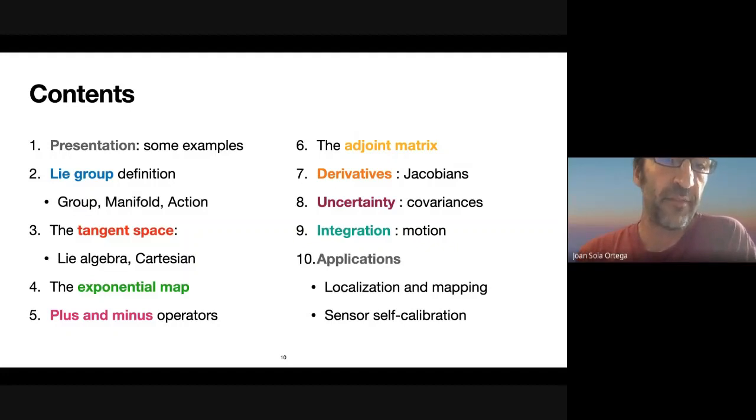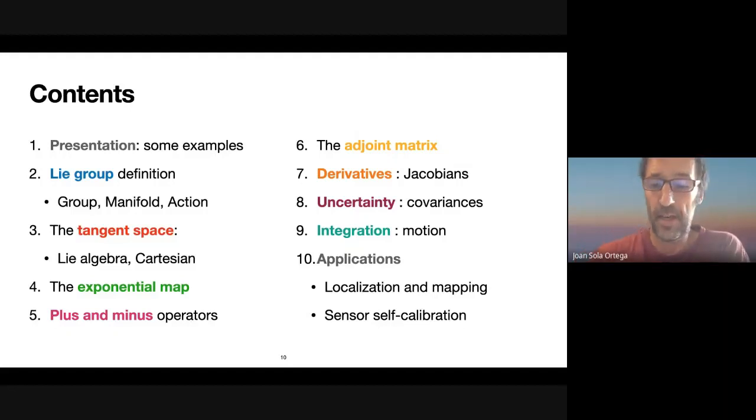And we will define a number of operators that will allow us to enter the world of calculus: derivatives, uncertainty, integration. And we will end by presenting an application for localization and mapping. I don't think I will make the example about sensor self-calibration because that would take too long, but localization and mapping we will talk about.